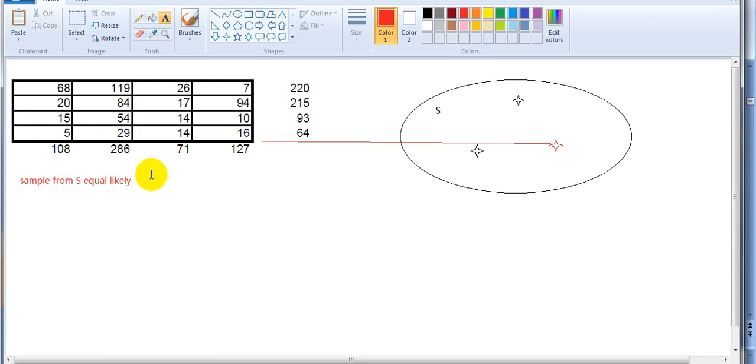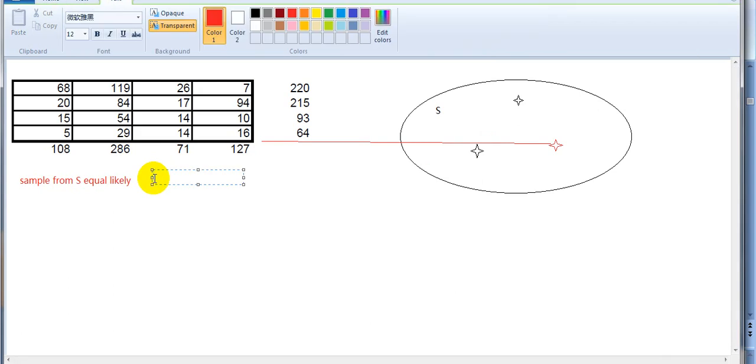If the total number of tables is the size of S, then our target distribution is just the uniform distribution, which means the probability of sampling every table is simply 1 over the total number of S. However, because we don't know this total number of S, we don't know exactly this value.